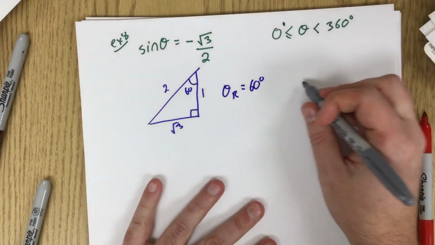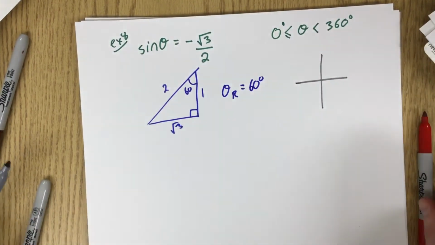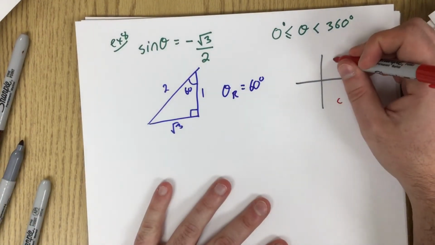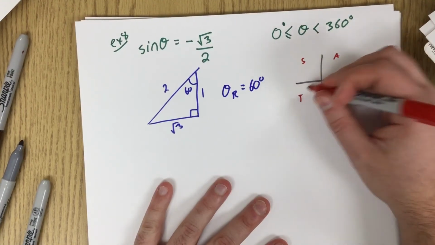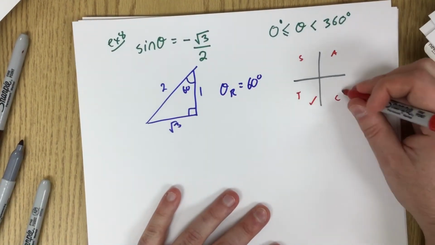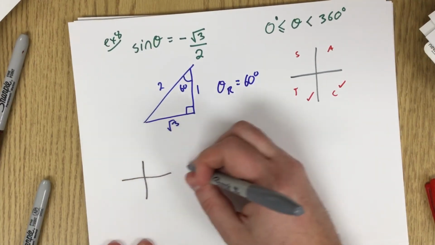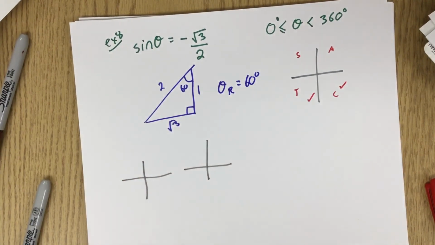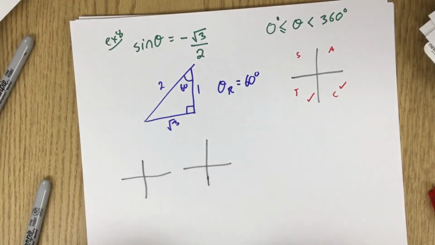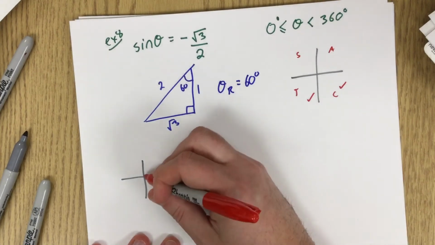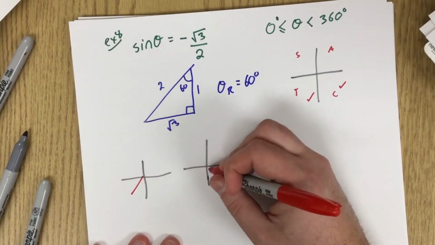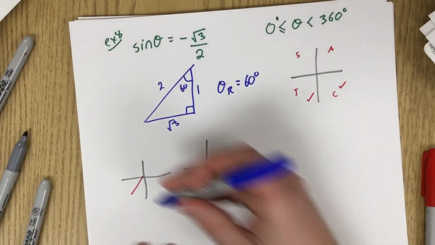For sine, if we look at the CAST rule, the sine is negative, so it's going to be in the third quadrant and the fourth quadrant. We'll go through our two answers. There's some shoddy grids right over there. So we're going to have a third quadrant answer and a fourth quadrant answer.